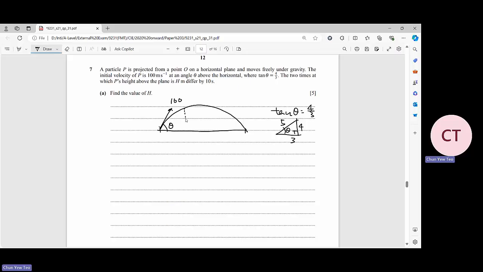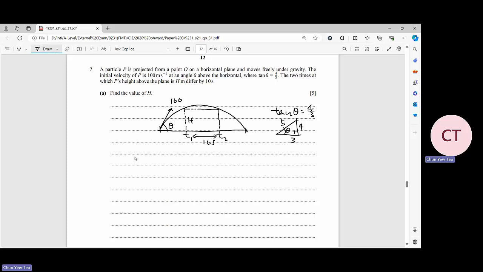Now, at a certain time, let's call it T1, your height is h meters, and at T2, you are again at h meters. They say the time gap is 10 seconds, which means T2 minus T1 is 10 seconds. This is something you need to take note of. We shall write it down again later.